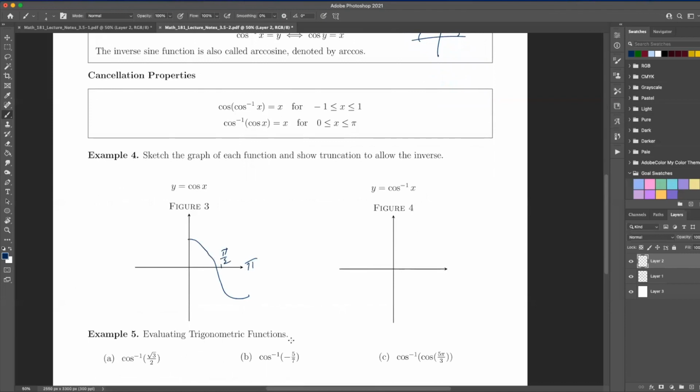So if we truncate it this way, our arc cosine function looks like this. This was pi, it comes through at pi over 2, and this is at, of course, -1 and 1, okay?